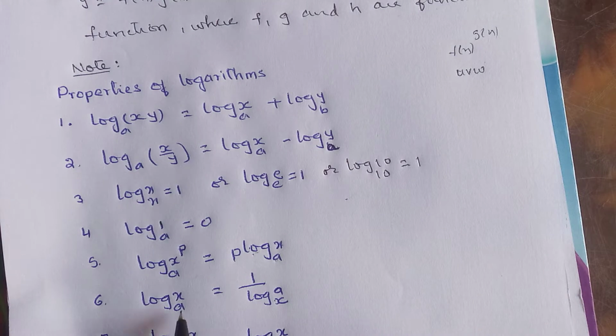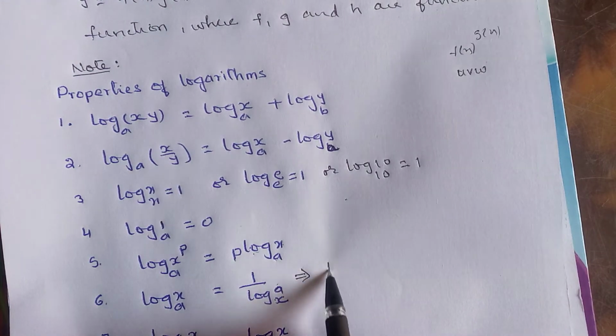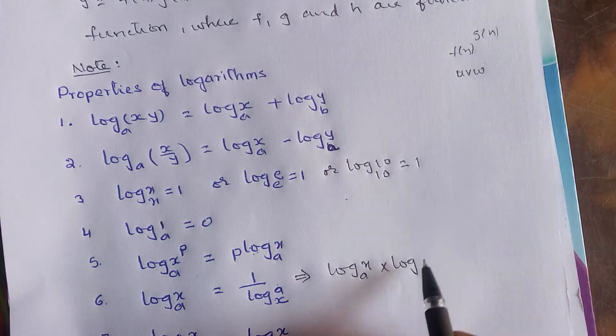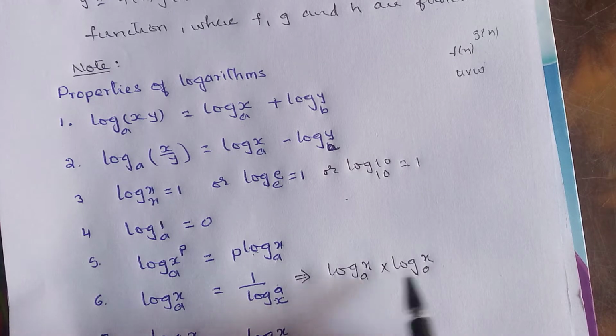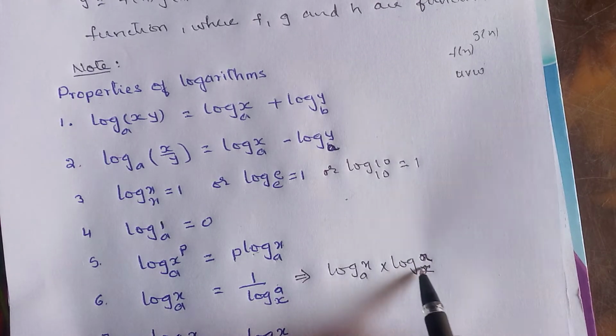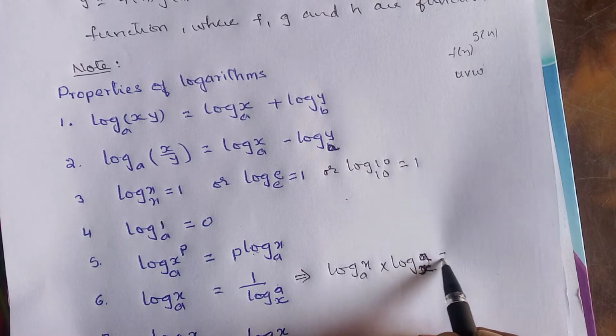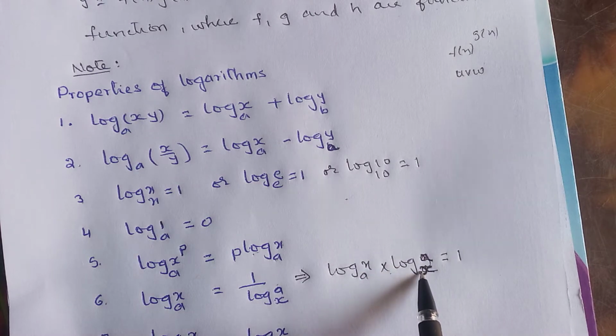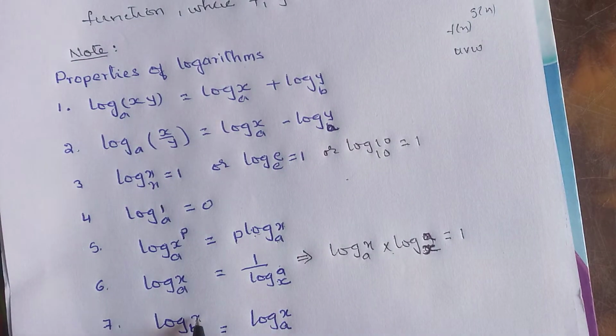Similarly, log x to the base a, if you take the reciprocal, you will get 1 by log a to the base x. Or you can write log x to the base a into log a to the base x equals 1. The seventh one: log x to the base b divided by log a to the base b equals log x to the base a.